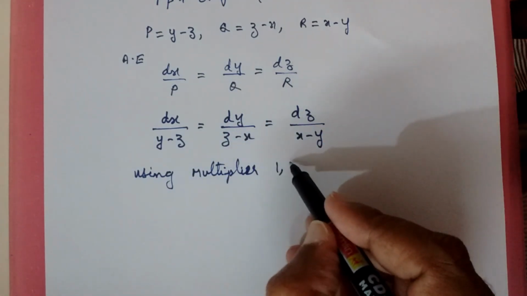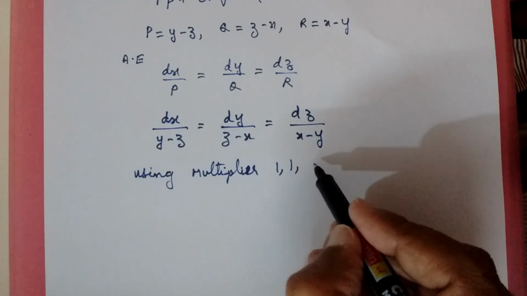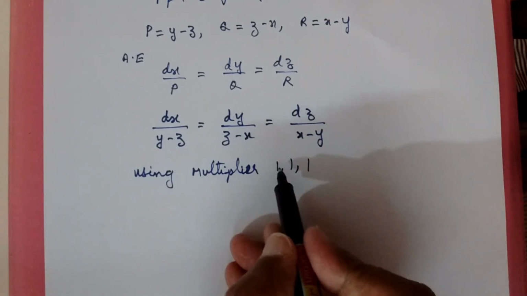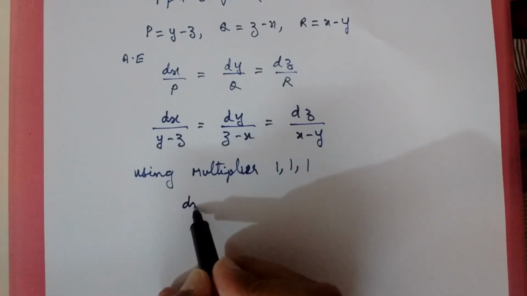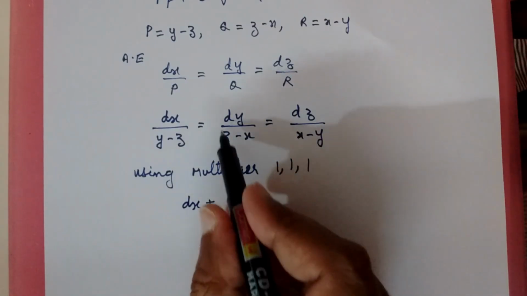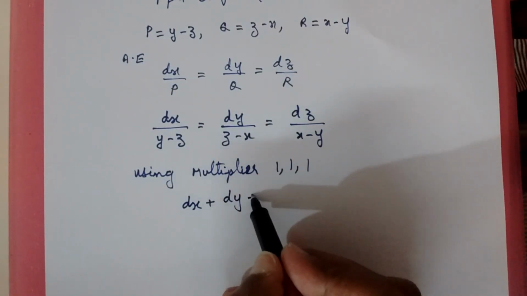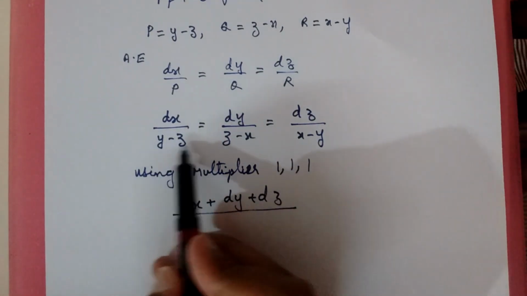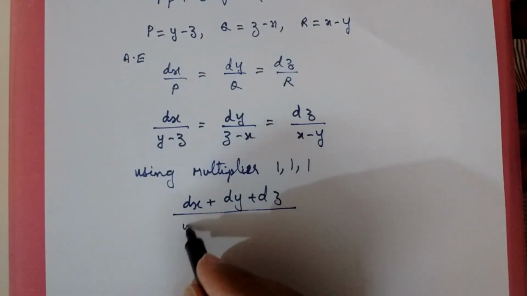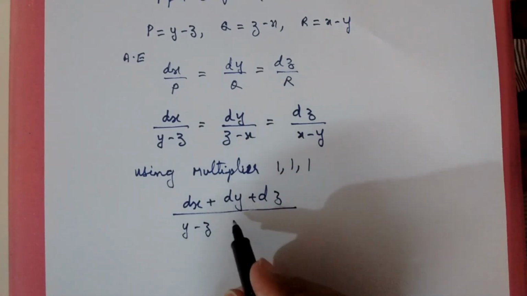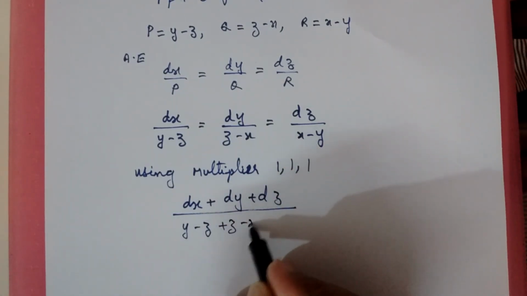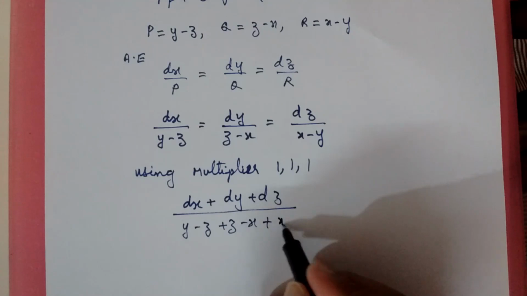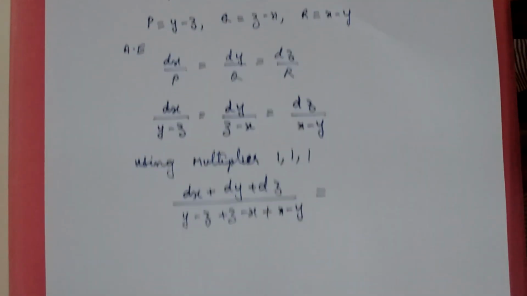So here also the second term 1 and the third term 1, multiply by 1 over here, we will get dx plus 1 times dy plus 1 times dz, whole divided by, since you are multiplying by 1 you get the same expression, y - z plus z - x plus x - y.